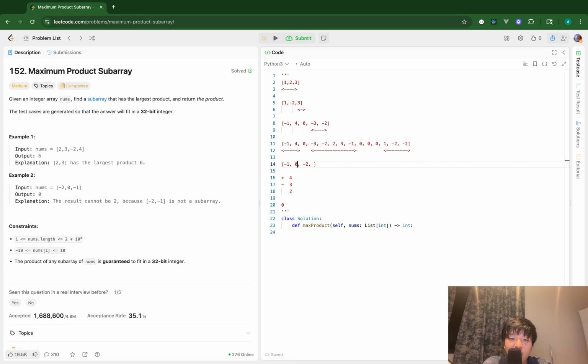If I'd like to make the absolute value as large as possible, I should take as many numbers as possible. And if I'd like to make it minimum, I should take as few numbers as possible.